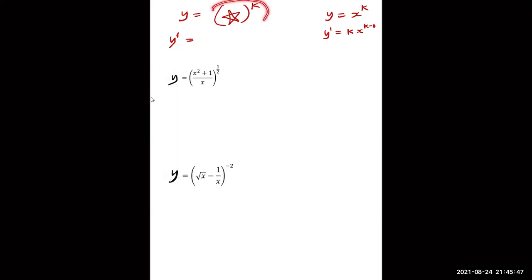Well, you handle this case the same way that you handle the other case. You had k times x to the power k minus 1. I do the same thing here: k times my star to the power k minus 1, but I'm not done here, because I did not have x here.